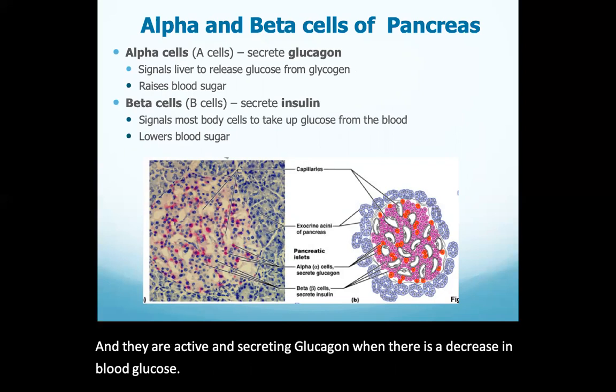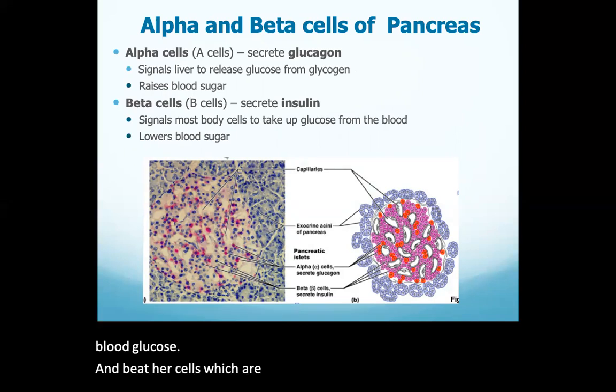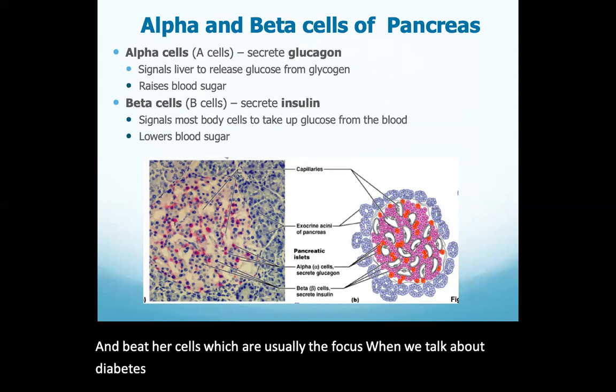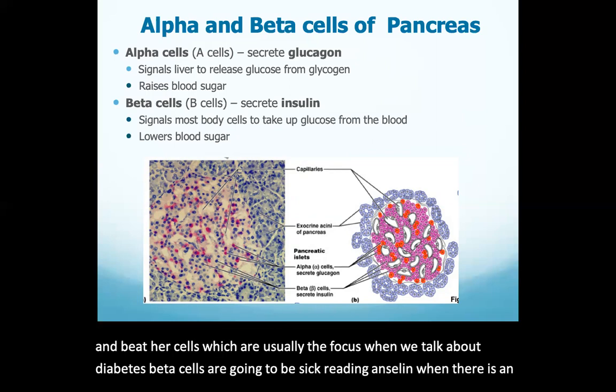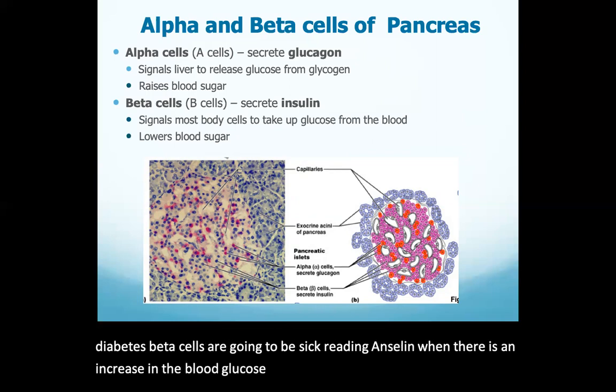And beta cells, which are usually the focus when we're talking about diabetes, secrete insulin when there is an increase in the blood glucose level. That typically happens right after you consume food.